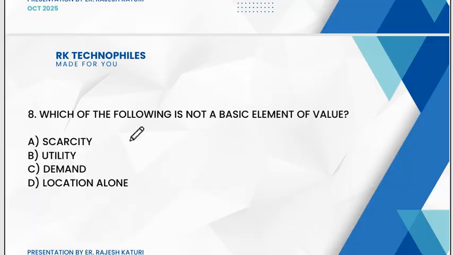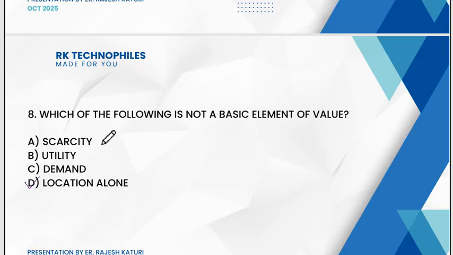So the 8th one is which of the following is not a basic element of value? Scarcity, demand, utility, location alone. The answer will be D. Why? Because there is a basic formula.